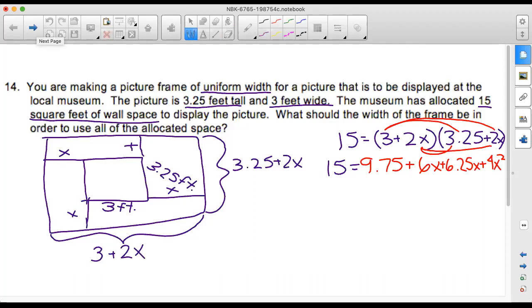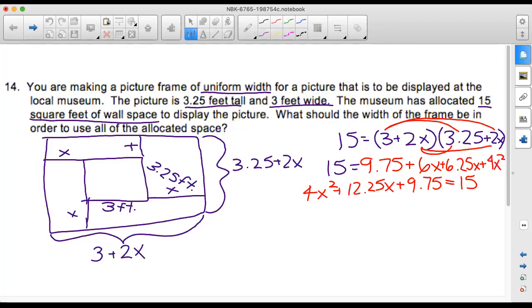When we combine like terms here, I'm going to rewrite it so that my greatest power is first. 6 plus 6.25x will give us 12.25x. We still have that plus 9.75 equals 15. Faith, what should we do to that 15?